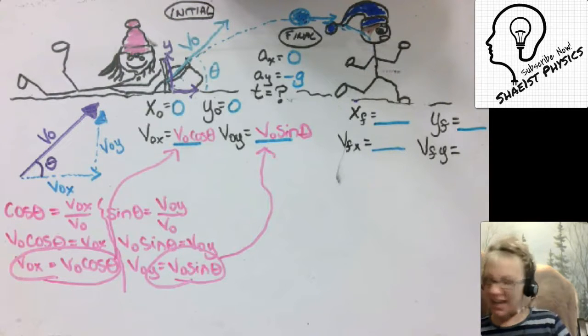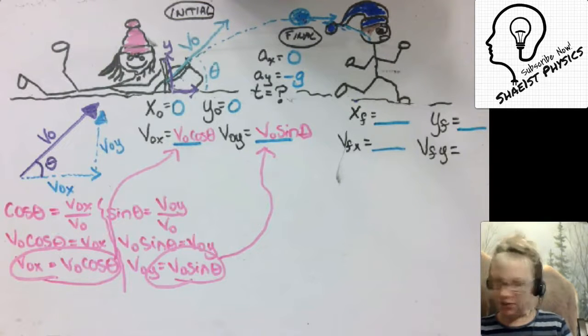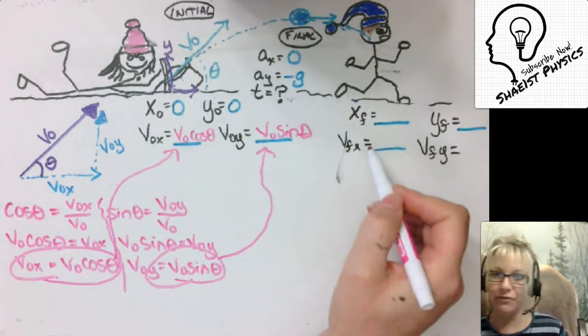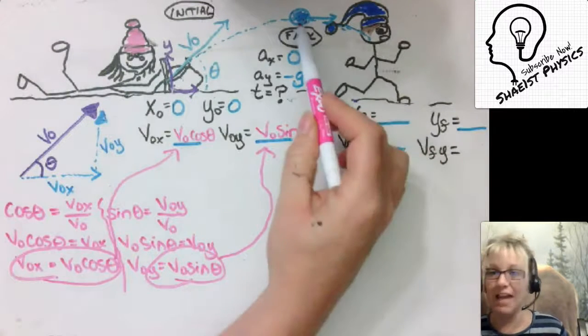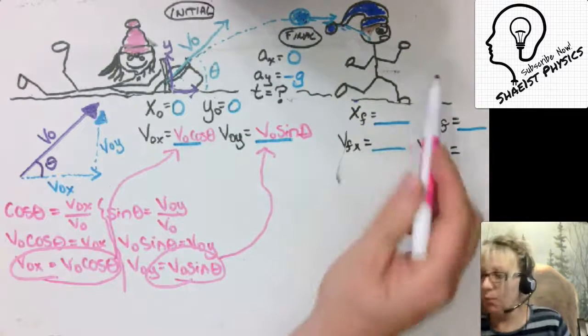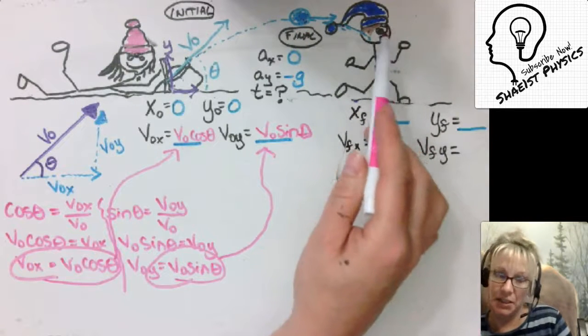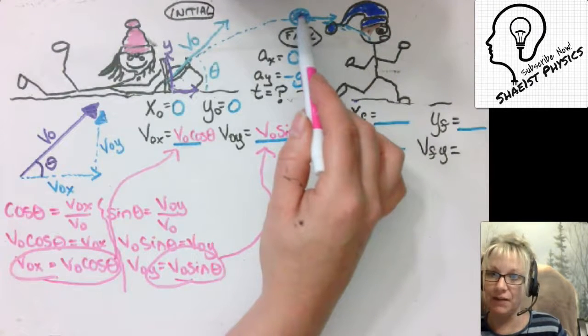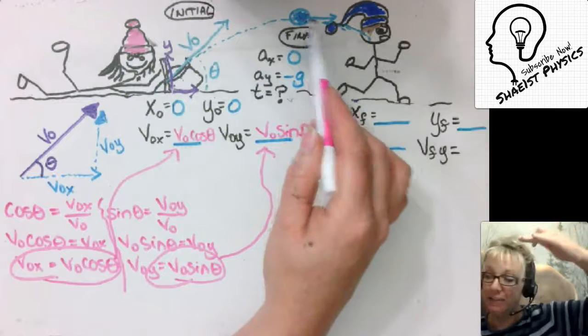Okay, now let's go over here. We have some variables we didn't fill out yet. Well, look at this. I said before I didn't know what the final velocity is. And again, final just means the moment under consideration. It doesn't mean when the snowball is slapped up against this little boy's face. It means what is the velocity at the final moment. Our final moment's when it's at its maximum.